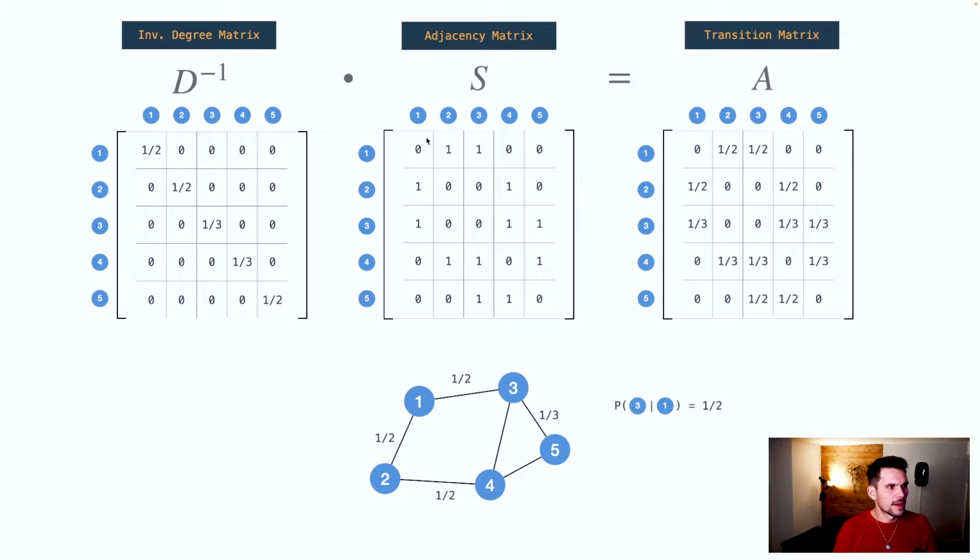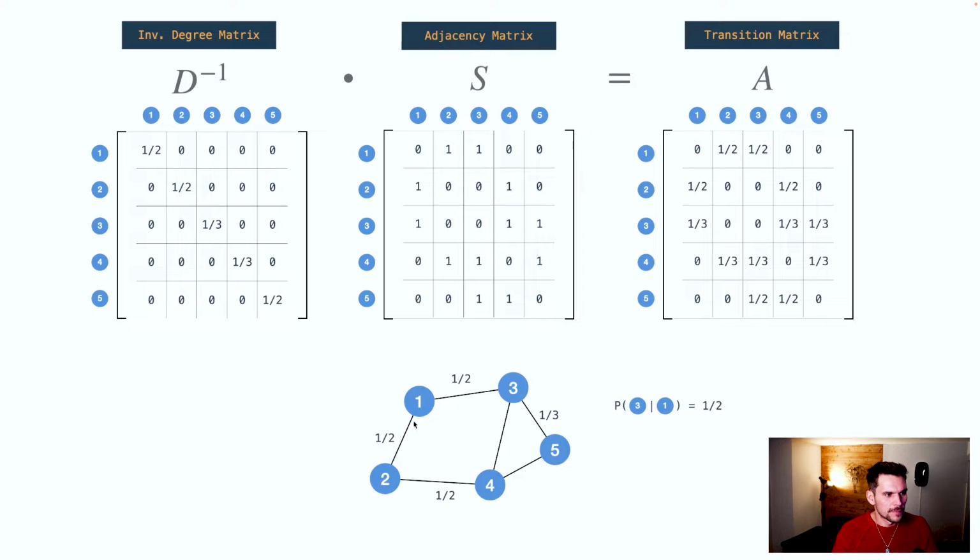We would see 1/2 times 1, 0 times 0, 0 times 0, 0 times 1, 0 times 0, and we would end up here with 1/2. What's happening basically is that we find the distribution for traversing to each of the neighbor nodes of, for example, node 1. As node 1 has the out degree 2 and connects to 2 different nodes, the distribution to traverse to each of them is half and half.